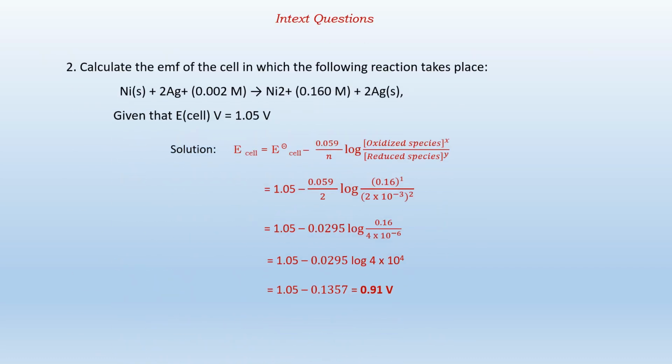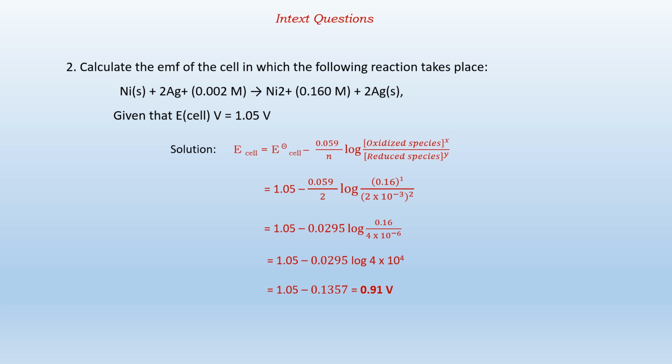Calculate the EMF of the cell between nickel and silver. Here nickel is oxidized, silver is reduced. They have given the standard cell potential, that is 1.05 volts. They are asking EMF. EMF is nothing but E cell, that is the cell potential.